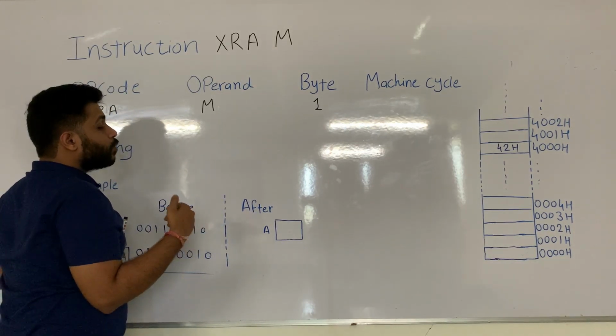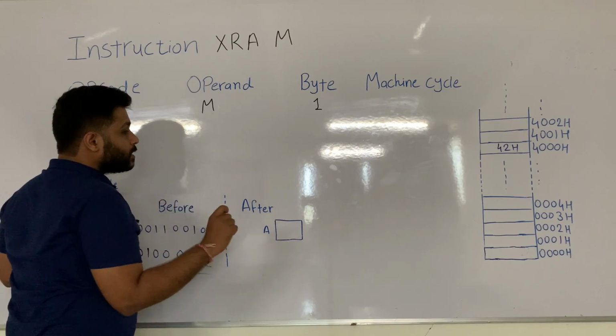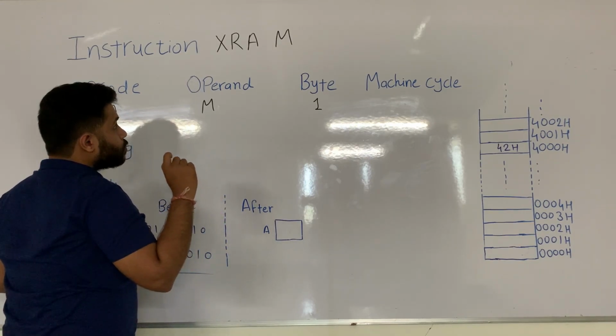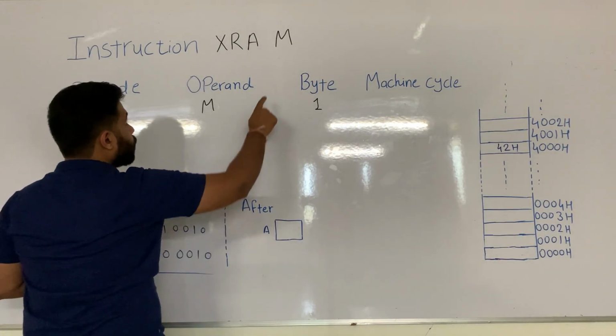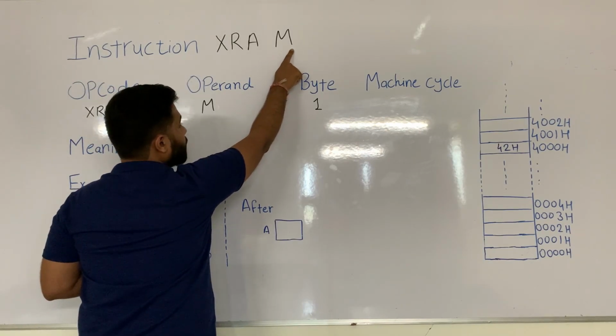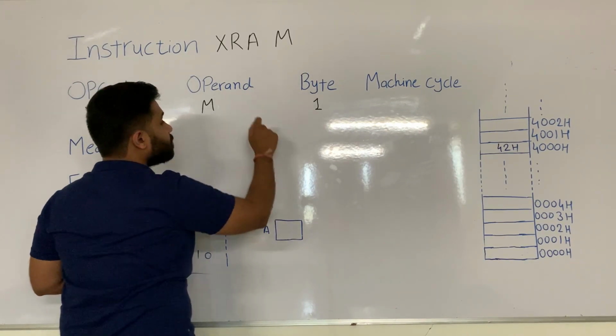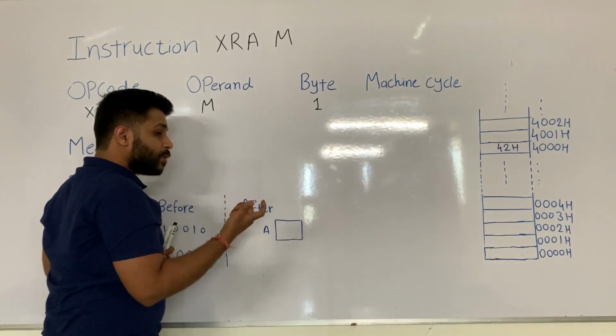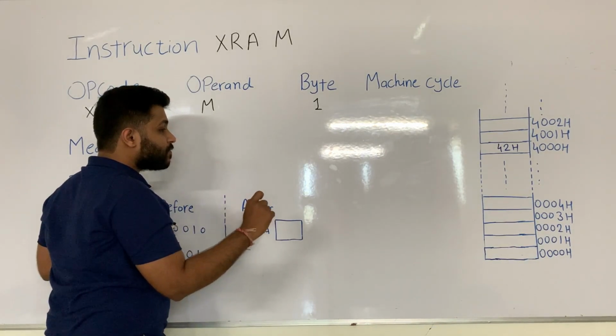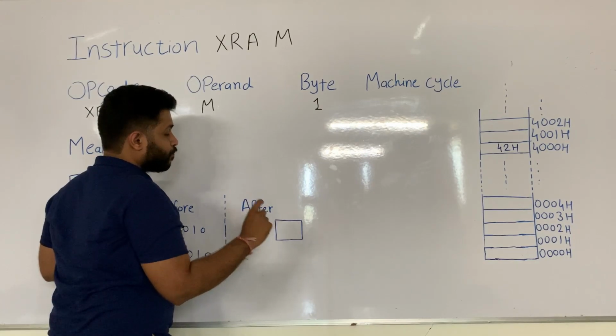But the question is, which memory location? So always remember, whenever you see M present in the instruction, it means the memory location, but which memory location? The memory location specified in the HL pair.